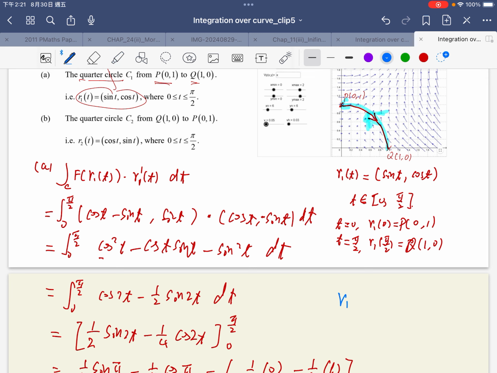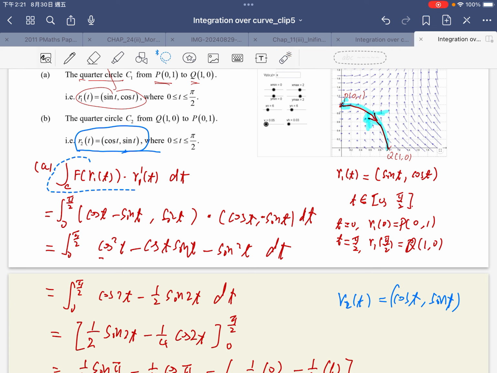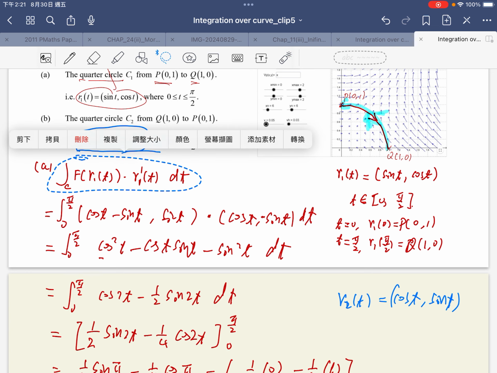Therefore, R2 should be equal to (cosine t, sine t). Here, the question also gives the name of the path. I just put all the stuff into the formula here.